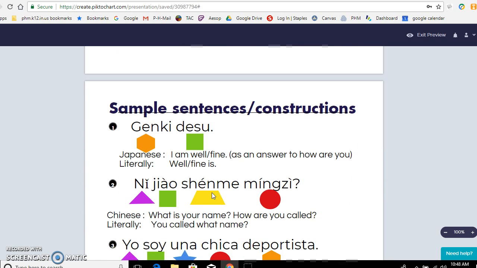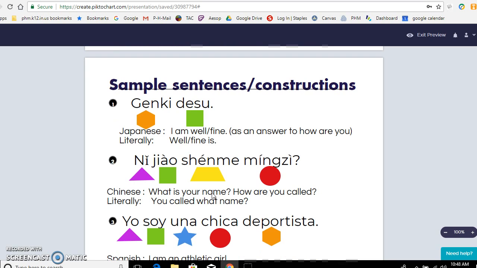So I'm just going to show you some of my sample sentences and constructions, so things that I might project on the board to get them to start finding out. So I did one from each language. I have Genki des as my number one. So Genki des is Japanese, and it means I am well or fine as an answer to how are you, but it literally means well, fine is.